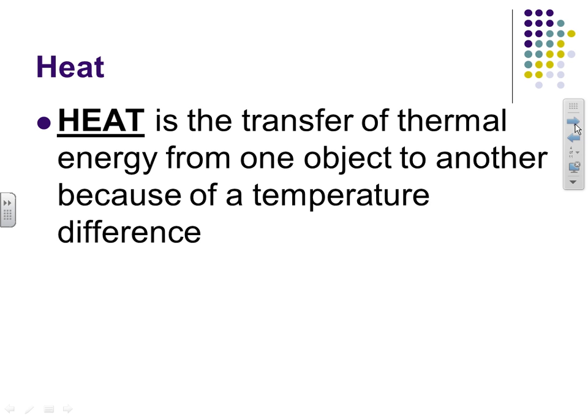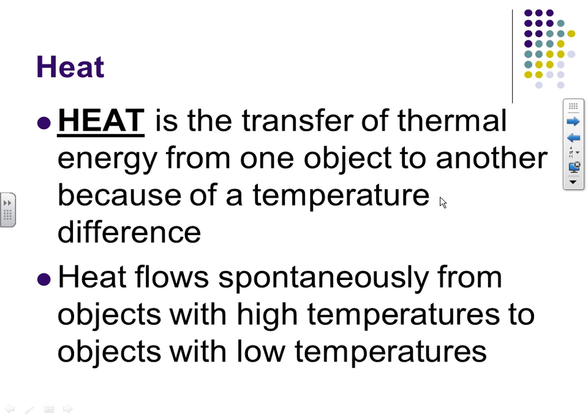So because of a temperature difference, heat would flow from high to low, or if we're talking about a temperature difference, we would call it warm to cold. Heat flows spontaneously from objects with high temperatures to objects with low temperatures.